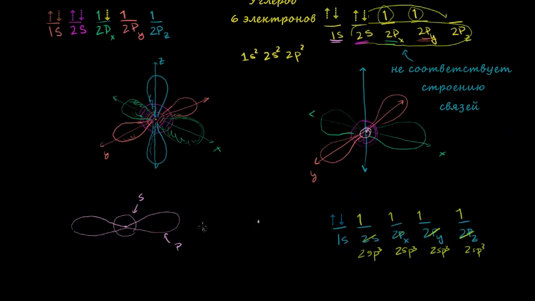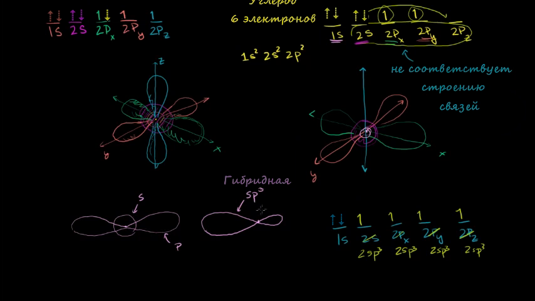An sp3 orbital looks something like this. This is a hybridized sp3 orbital. Hybrid just means a combination of 2 things. A hybrid car is a combination of gas and electric. A hybridized orbital is a combination of s and p.